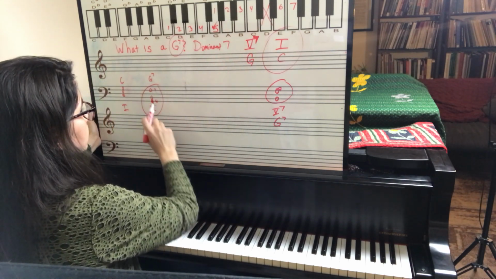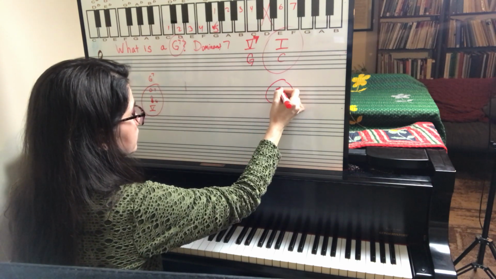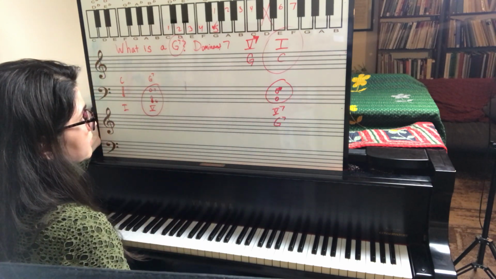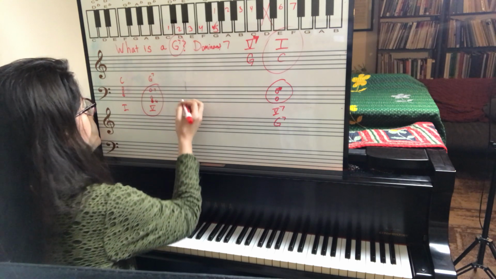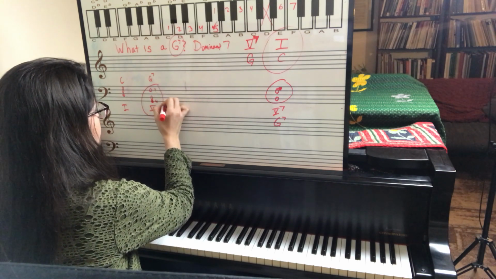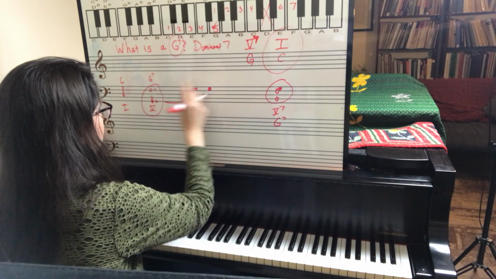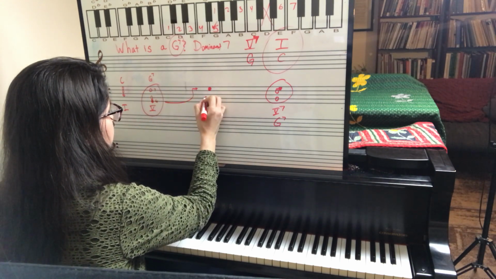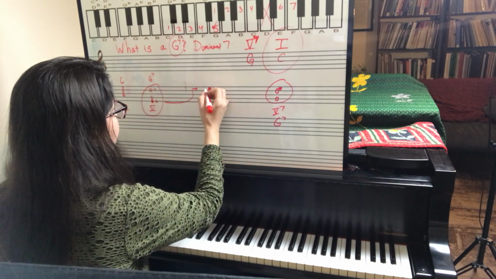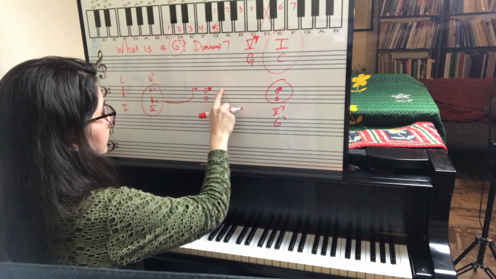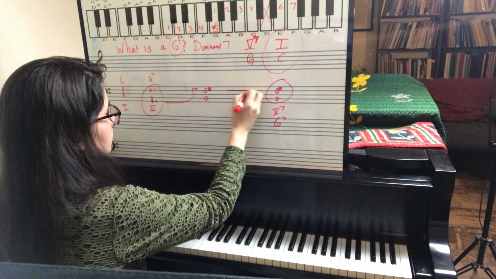So here's what I'm going to do. I'm still going to color in the name of my chord. There's the name of my chord, G. I colored it in. And I'm going to take this G and I'm going to move it up an octave. I still have B and I still have F. And there it is. There's my G7.